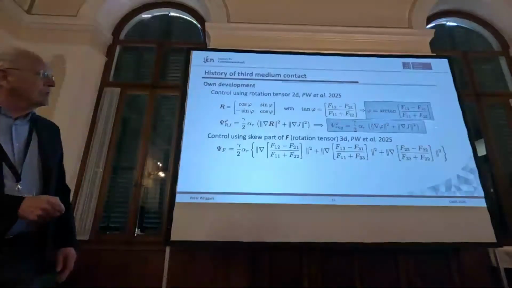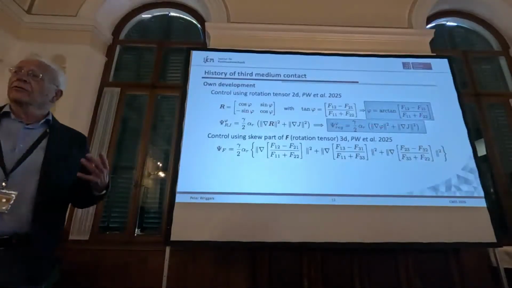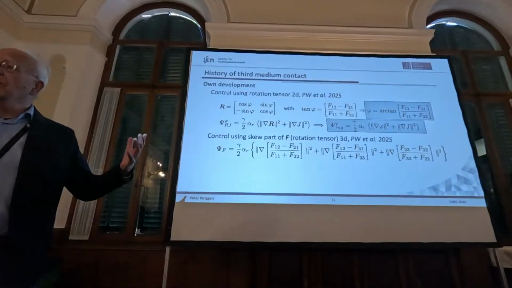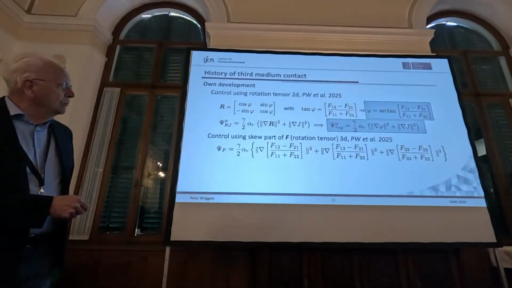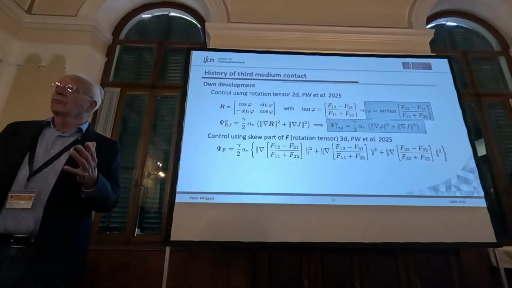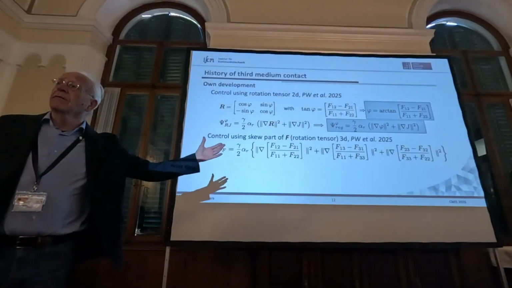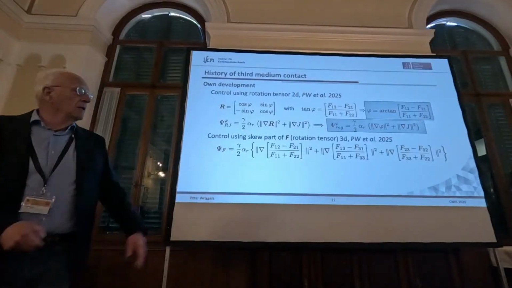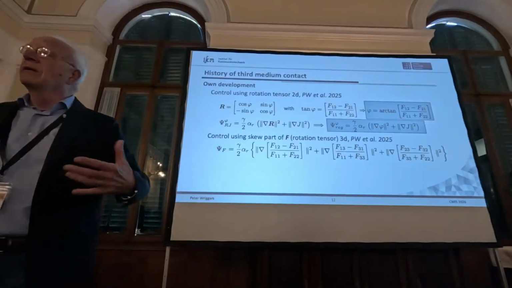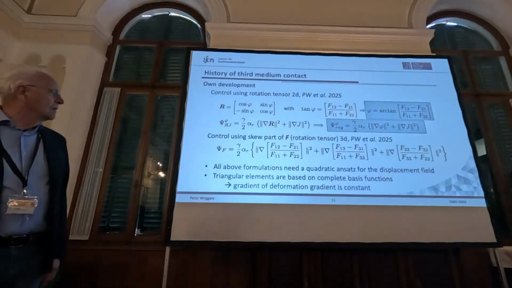If you do it in 3D, of course, the R is not so simple. My idea was to simplify it, using this one for all the directions, because I don't have to do the correct one. I only have to have something which regularizes, and this one works fine. So this is a simple way of doing the 3D.